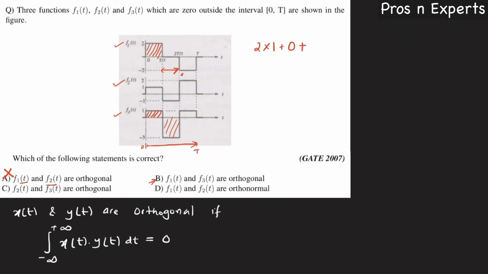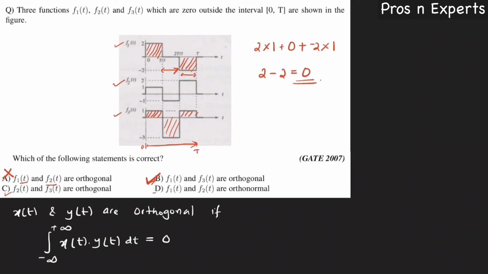In the last interval, f1 of t is minus 2 and f3 of t is 1. So this is 2 minus 2, which equals 0. So f1 of t and f3 of t are orthogonal, and option B is correct. For assurance, we can check options C and D also.